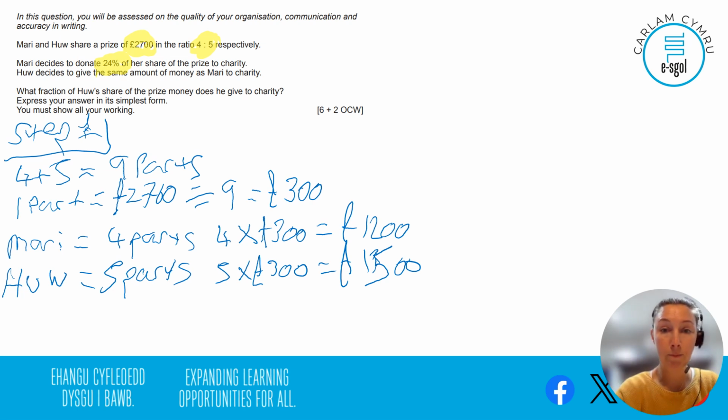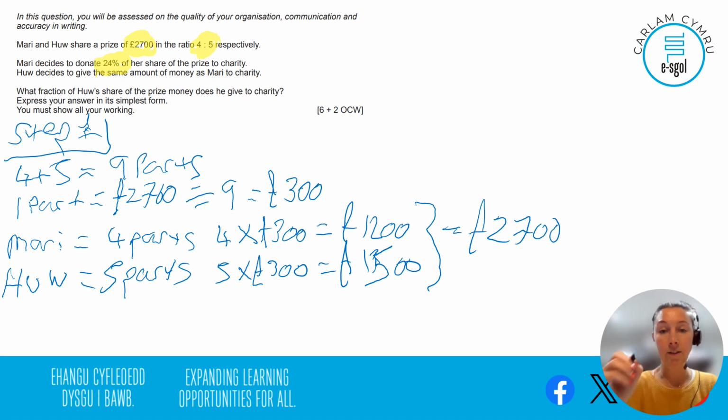And then you simply add them together, and you can see that it adds up to 2,700, and you can check that you've got the correct total there. So that's your step 1.